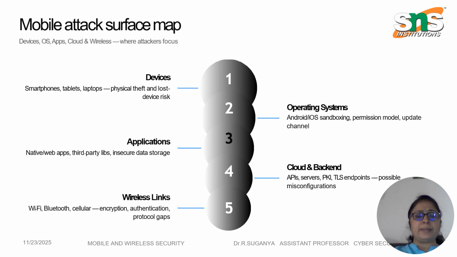When a mobile gets lost, it is one of the main things that happens, right? And then applications: native and web apps, third-party libraries, insecure data storage, operating systems or API servers, public key infrastructure or misconfigurations, and wireless links like Wi-Fi, Bluetooth and cellular, with encryption, authentication and protocol gaps. So these all come under the first layer of intrusions in a mobile attack.